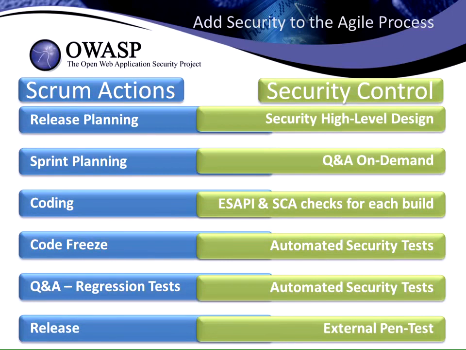At the end, we have a release and we have an external pen test. Some of you may say, okay, external pen test is expensive, it's a long phase, it's a kind of problematic. So we run our external penetration test, but we want also to collaborate with our customers, and we are open for penetration tests coming from our customers.